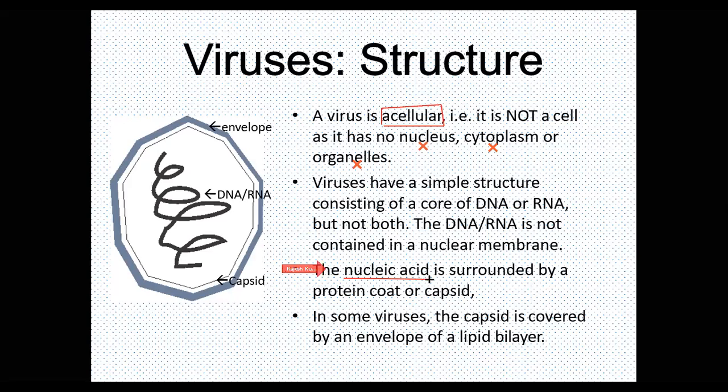This nucleic acid is present in DNA or RNA. Inside DNA or RNA, there is nucleic acid. It is a type of acid, and this is covered by a proteinous covering that is called the capsid.